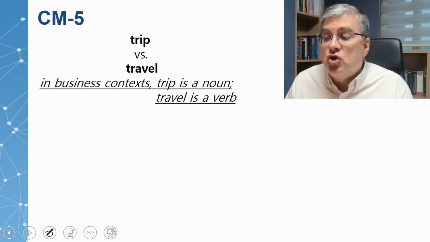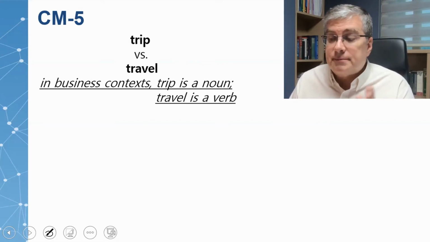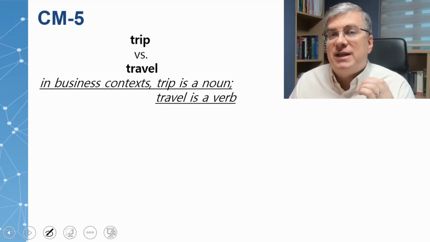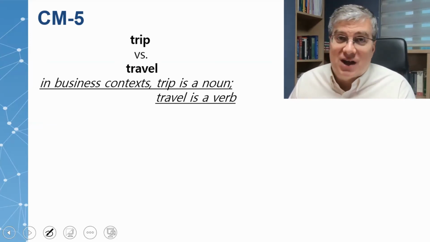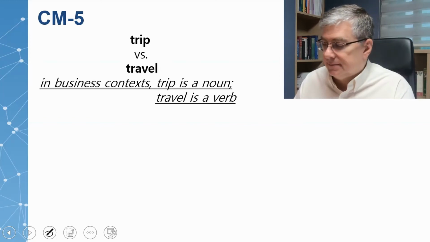Next, we have trip versus travel. These two words are also very commonly confused. Remember that in business contexts, trip is a noun, travel is a verb. In business contexts, we don't usually use trip as a verb. It sounds strange.